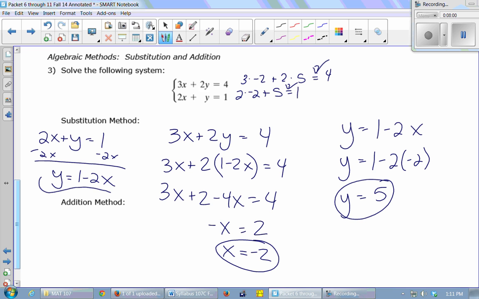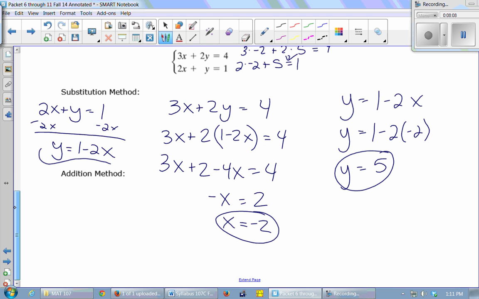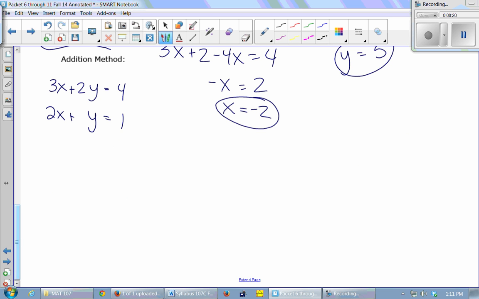All right, so granted, I now know what the solutions are, but I just want to show you another method for how to solve this system of equations. So I have 3x plus 2y equals 4, and 2x plus y equals 1. Ultimately, this is called the addition method because I'm going to add the two equations together.